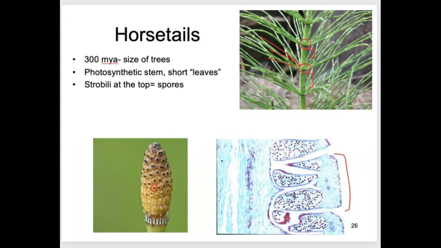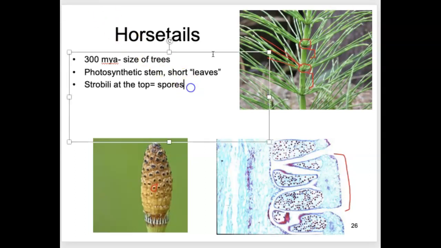That tends to be a characteristic we see with reproduction with lots of different plants. Release your offspring when it's dry, then the offspring get to the new environment, and then when the moisture comes, germination occurs. So that little cone, or that strobili or strobilus, sits at the top of the stem.